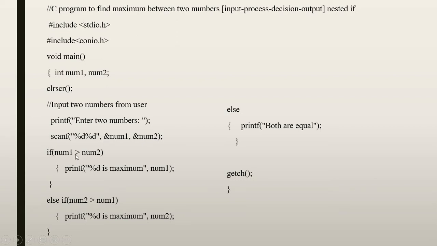First condition, if number 1 is holding the larger value, it will go for this true part. Otherwise, it will jump towards the else if, that is number 2 is greater. And the last one is my else part, both the numbers are equal. So over here we are using more than one condition, that's why we have used an else if ladder.